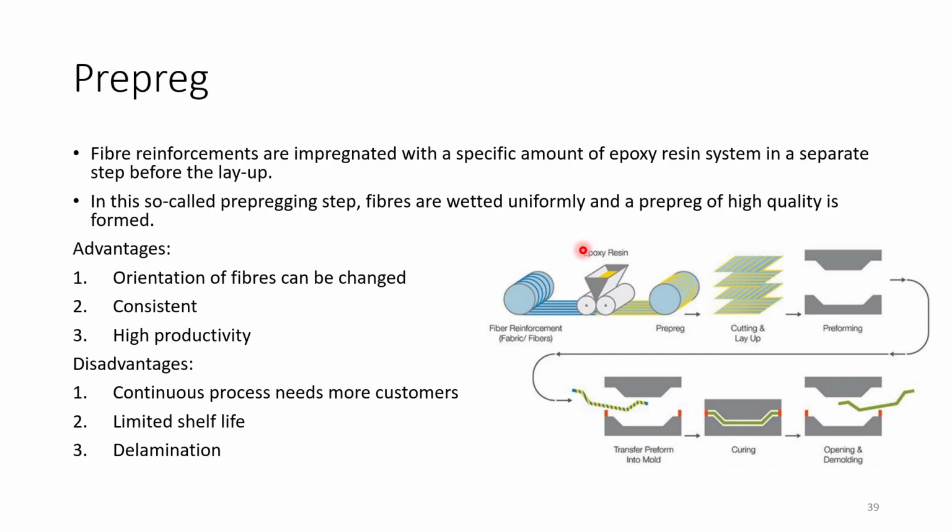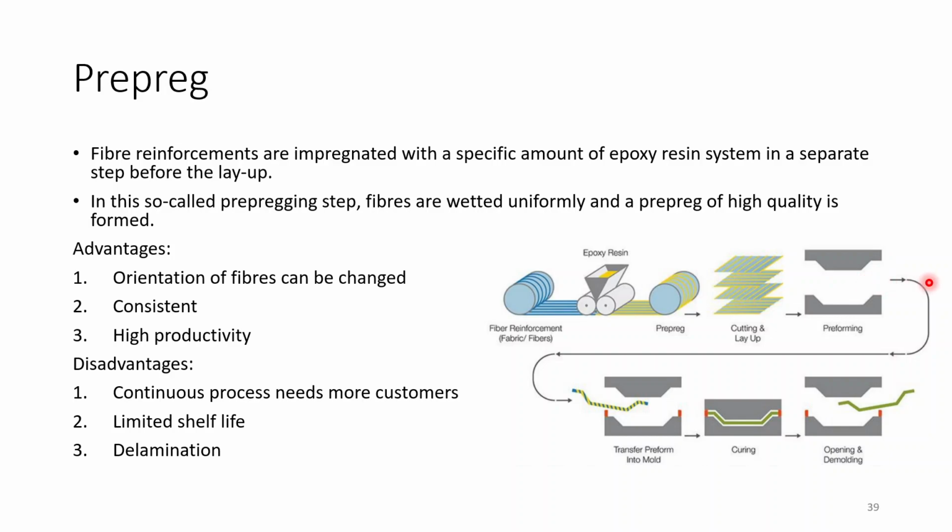So the process you can see here, epoxy resin is first impregnated with this resin, epoxy resin here, and it is cut into these layups. So these layups then, after making these in layup, then you have this preform.